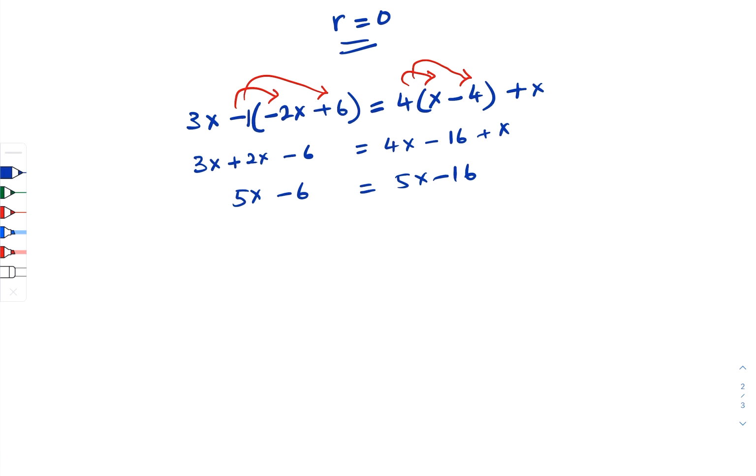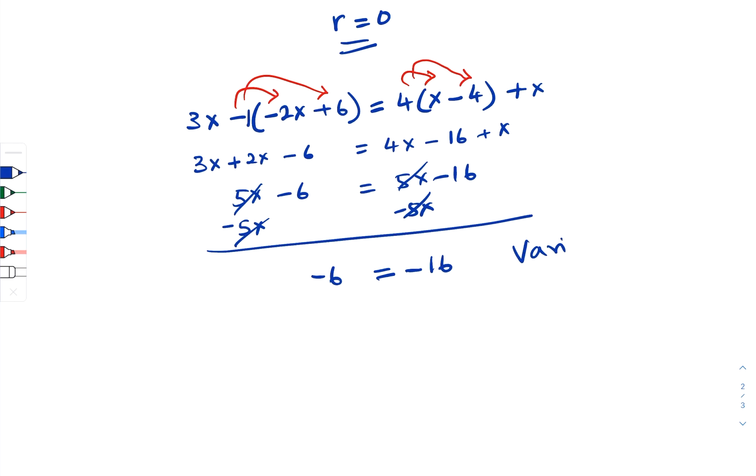And now I'm going to get rid of the x's by subtracting 5x from both sides. So when I do that, something very interesting happens. Essentially, your variable, which is x in this case, vanishes, okay?